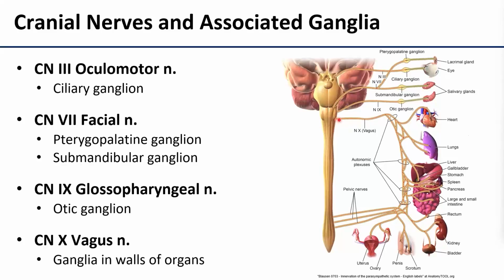So while vagus is a cranial nerve, and while it does carry preganglionic parasympathetics, these are all headed down to thoracic and abdominal organs. All right, so that is as much as we are going to say about vagus.